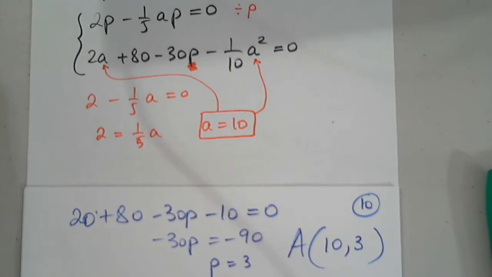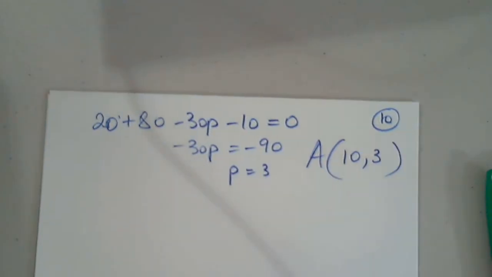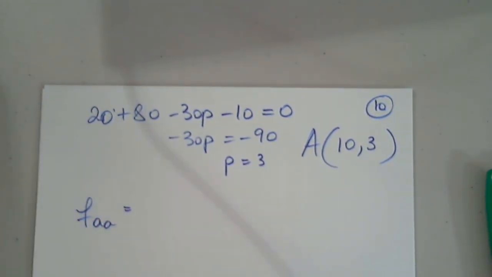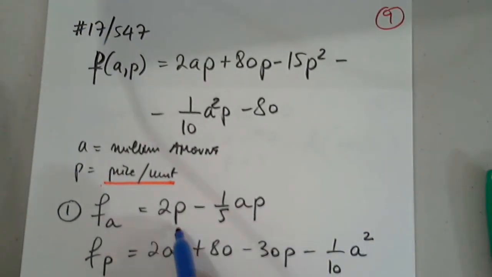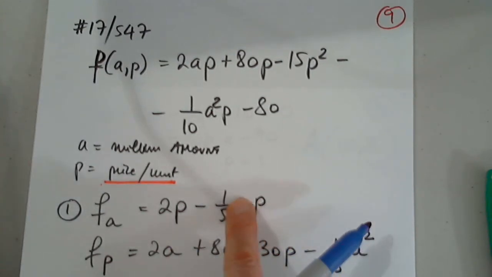Fine. Okay, so now we have to continue with FAA. I'm differentiating again with respect to A. It has no A, so 0. And here when I differentiate with respect to A, I get negative 1/5 p.